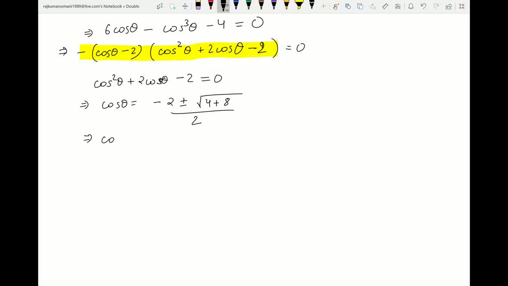This implies that cos theta is equal to minus 2 plus root 12, divided by 2, which is equal to root 3 minus 1. After solving this, you get theta approximately equal to 42.9 degrees. This is the final answer to the question.